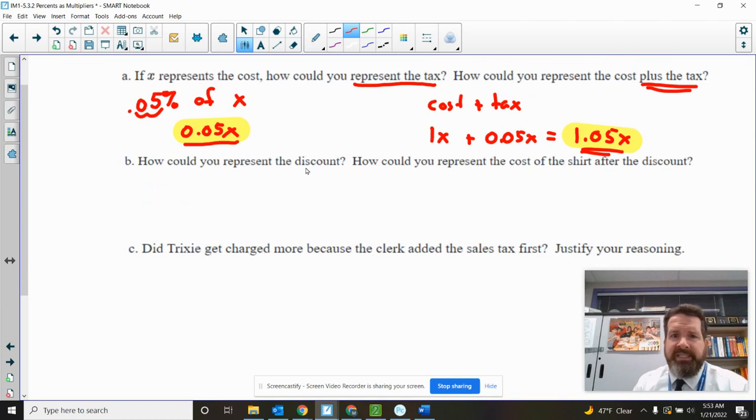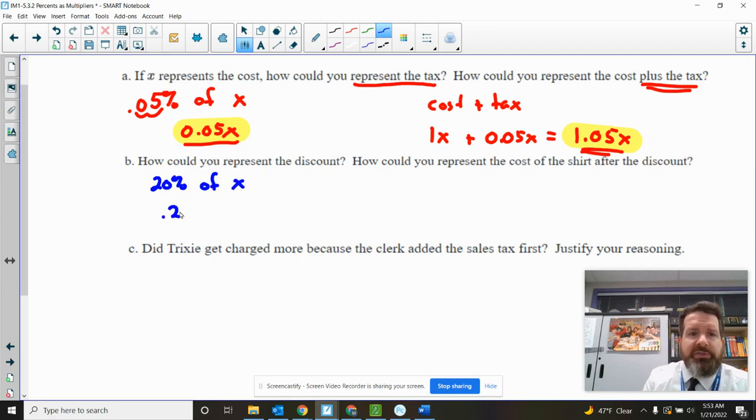How could we represent the discount and the cost of the shirt after the discount? Okay, this is going to be very similar. So the discount was 20%. Okay, so make that 0.2 times the cost, right? 20% is 0.2, of means multiply, the original cost. So there, that is the discount.